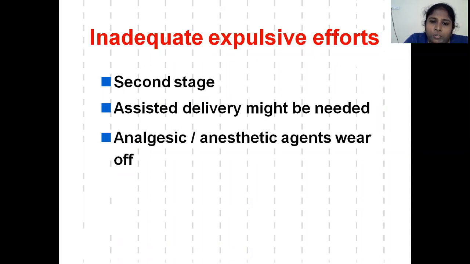Then what you have to do is assist the delivery. If the descent has not fully occurred, you have to assist the delivery by putting on a forceps or a vacuum to deliver the baby.